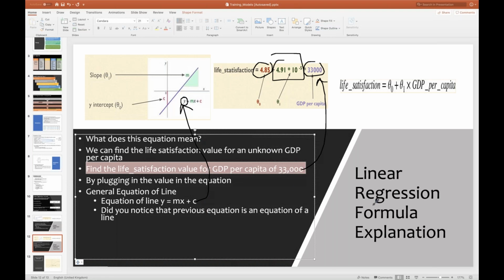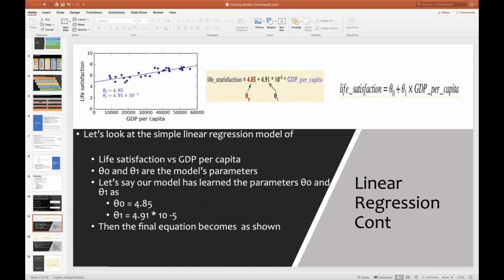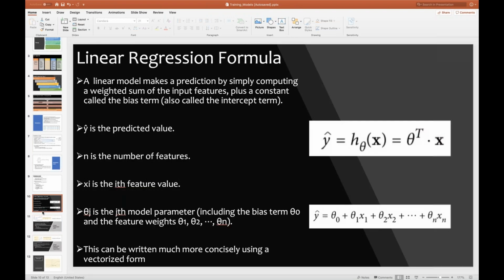Now, what I mean to tell you here is, y is equal to h theta of x, which is equal to theta transpose dot x.